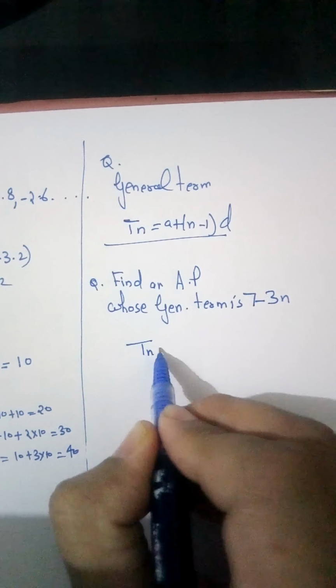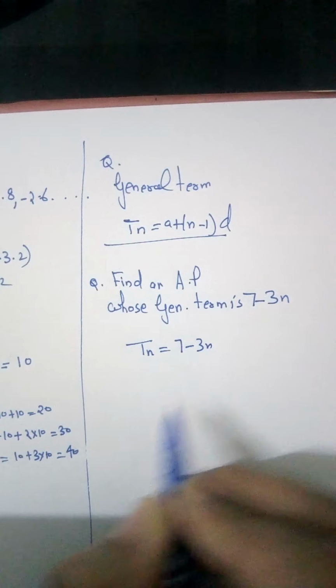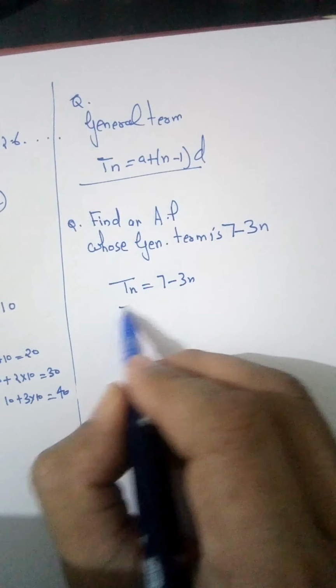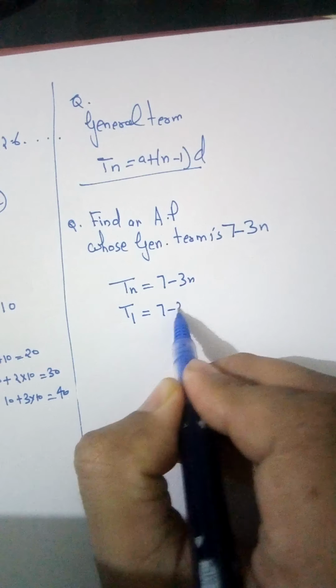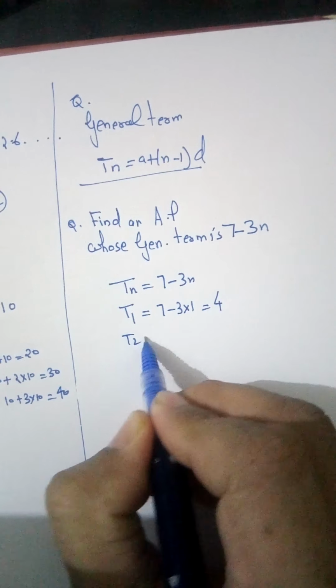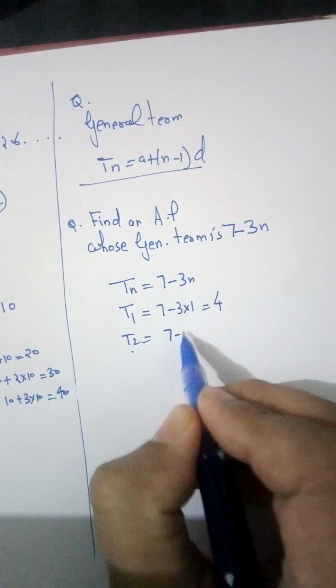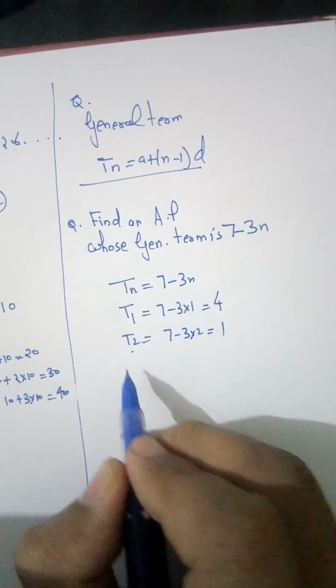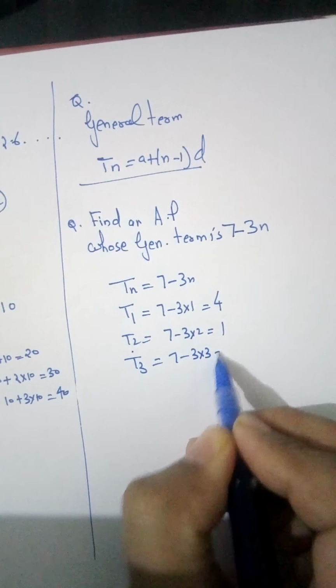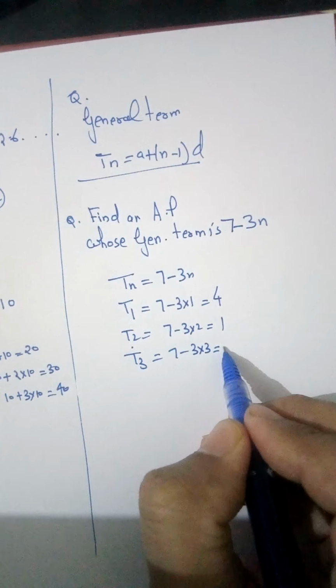That means the nth term is 7 minus 3n. So how do we know the AP? Means you need the terms. So just put n as 1. T1 is equal to 7 minus 3 into 1. So what is that? 4. T2, that means n will take value 2. 7 minus 3 into 2, that is 1. T3, 7 minus 3 into 3, that is 7 minus 9, minus 2.